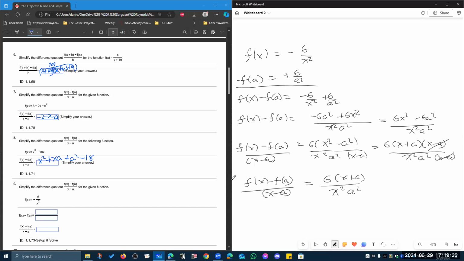And this was 6x squared minus 6a squared over x squared a squared. That's the step right here. And then this is 6 times x plus a over x squared a squared.